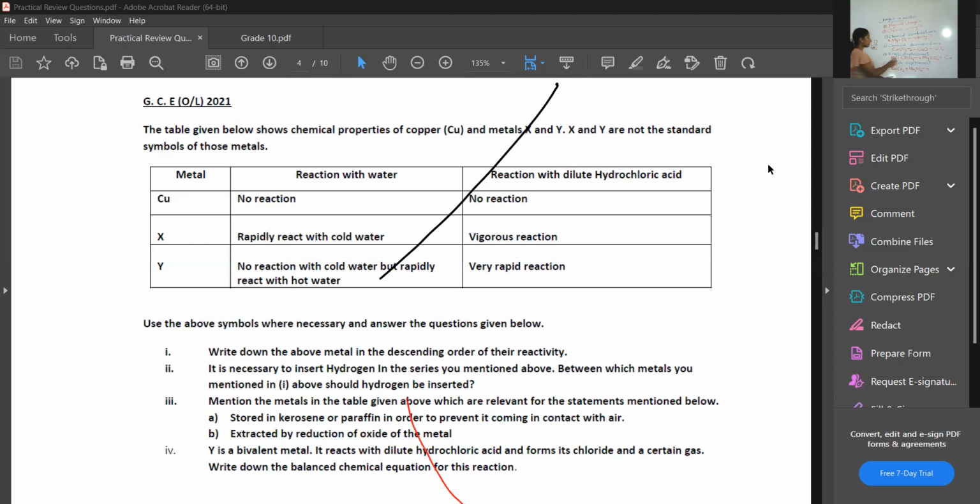In the previous reaction only a single displacement is there, but here there's a double displacement. That means barium goes with sulfate, and the sodium combines with chlorine.